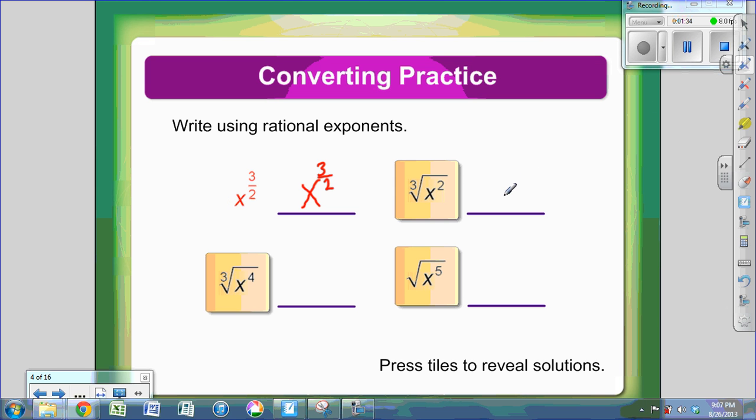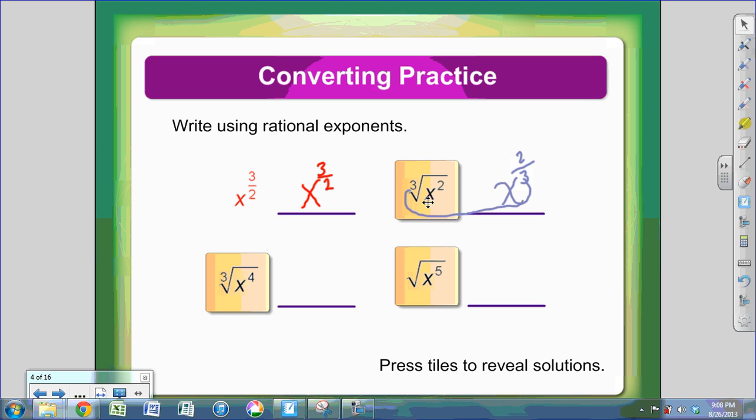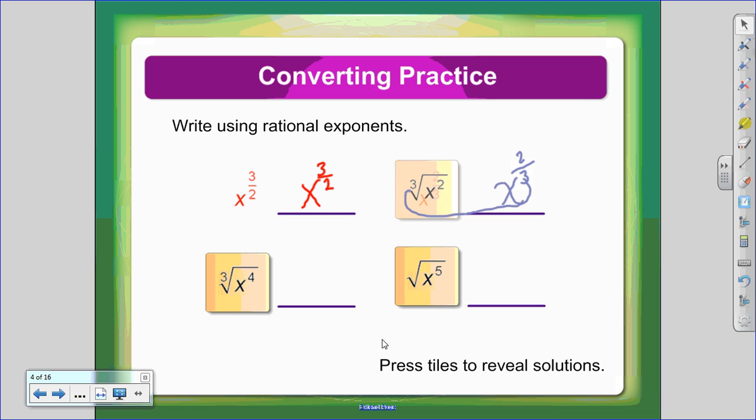Then this one, we have our x. The number on the outside comes around and goes to the bottom, so that 3 goes there. And then the number on the inside goes on the top, so that's 2. So x to the 2/3.